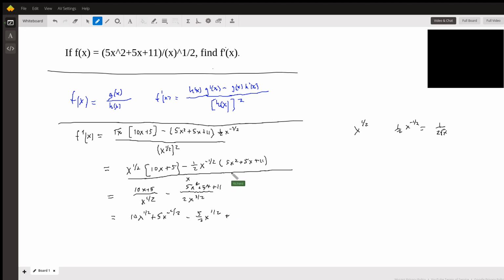And then another negative 5/2 x to the negative 1, since 1/2 minus 3/2 would be negative 1, minus 11 over 2x to the negative 3/2. And then you could try to combine like terms here. These two can be combined, the x to the 1/2 term. And you could probably do something with the negative 1/2 here. But it's really just algebra.